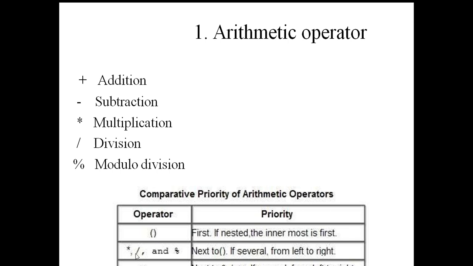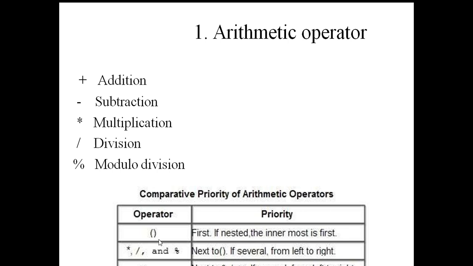And we have multiplication, division and percentile. The next two take the priority next to the closed parenthesis symbols. If there are several operators like star, division and percentile symbols, then they take the priority from left to right.